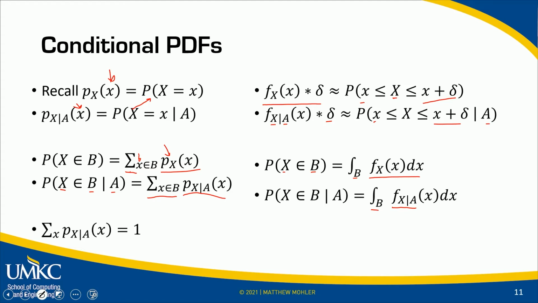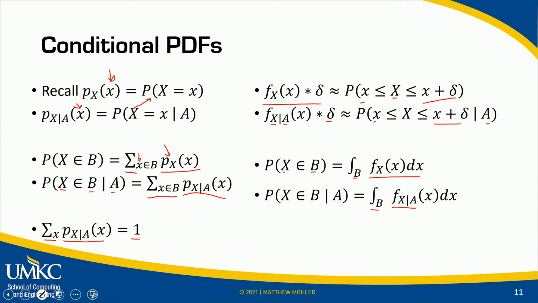But the last one we'll look at is saying that for all probability mass functions, we said that the sum over all of the values of a random variable x of the probability masses when conditioned on A must still equal 1. Again, it's kind of like we're replacing our sample space, and our sample space always has to equal 1.